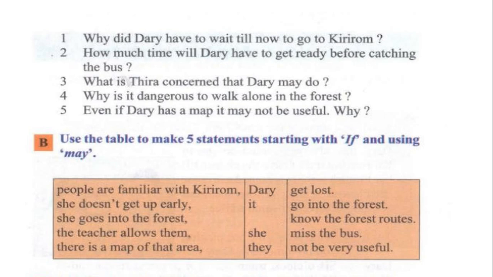Why did Daddy have to wait here now to go to Gridom? 2. How much time will Daddy have to get ready before catching the bus? 3. What is Chira concerned that Daddy might do? 4. Why is it dangerous to walk alone in the forest? 5. Even if Daddy has a map, it may not be useful. Why?